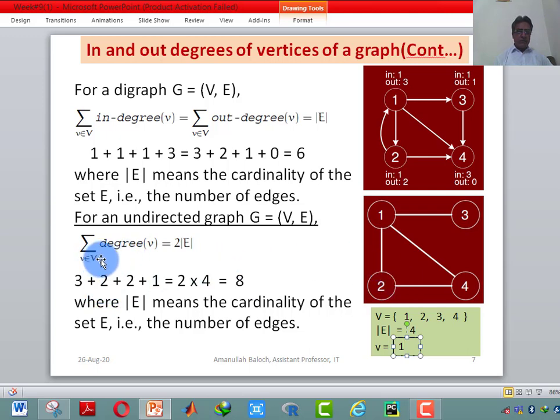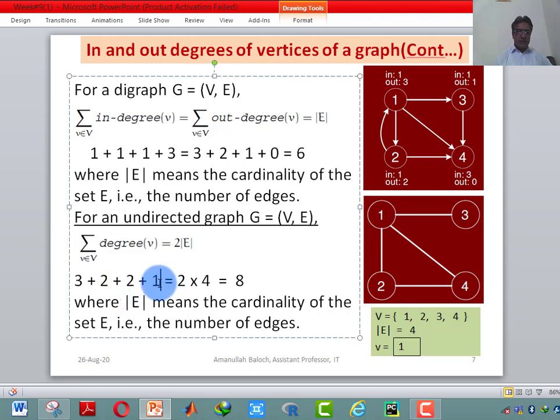Then we will take 3, 3 belongs to capital V, yes, and the degree of 3 is 1. Then we will take 4, and the degree of node number 4 is 2, so we will take this 2.